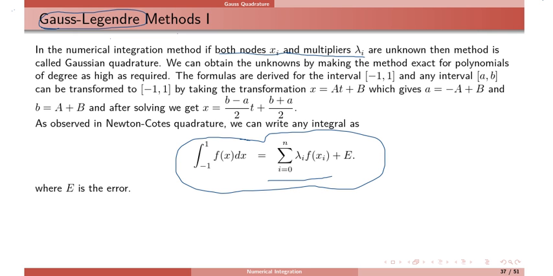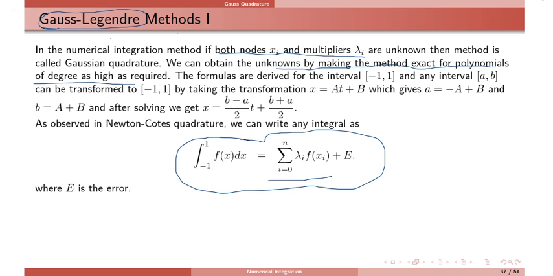In Newton-Cotes, only multipliers were unknown, but in Gauss quadrature, both points xi and multipliers are unknown. To derive it, we make the method exact for polynomials of degree as high as possible.